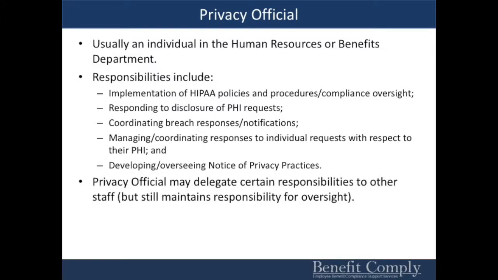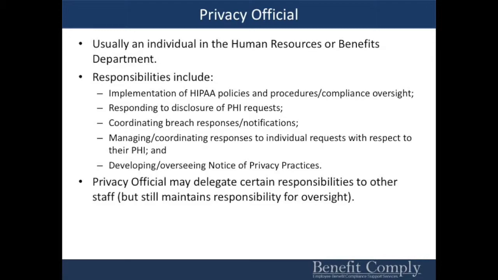So let's talk for a minute about the role of privacy official under HIPAA. In general, the privacy official is the person responsible for overseeing implementation of the company's privacy policies and procedures and for ensuring compliance with them.